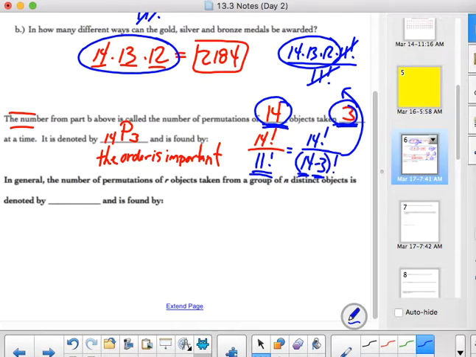Usually what we would see here is this idea. So in general, the number of permutations of r objects taken from a group of n distinct objects is denoted by this, a subscript n, P, and then r. And again, n is the number of things that you're choosing from. r is the number of things that we're taking from that larger group.